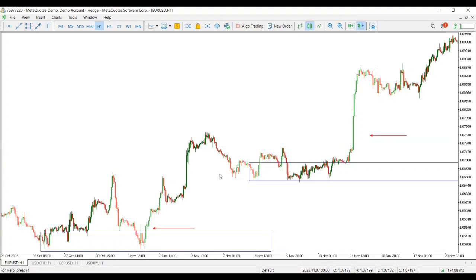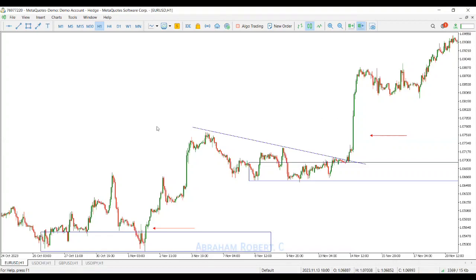Now, what is criteria 3? Some level of break of structure. If you check very well, there's a trend line break here. The market broke at this level. So there's a break, and there's a slight retracement before the candle. So it meets the three requirements.